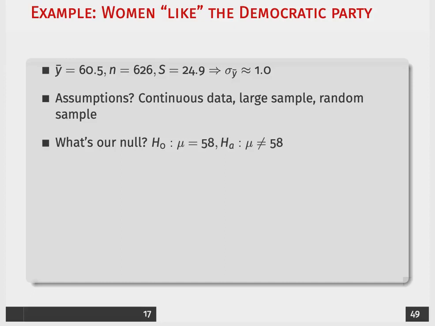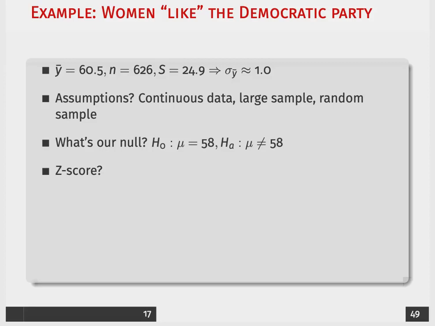So again, we're determining whether or not women are not neutral. So in order to find that out, we have to set up our null hypothesis such that mu equals 58. And if we find sufficient evidence to reject the null, then we would have sufficient evidence to suggest that the average favorability of the Democratic Party among women is not 58.